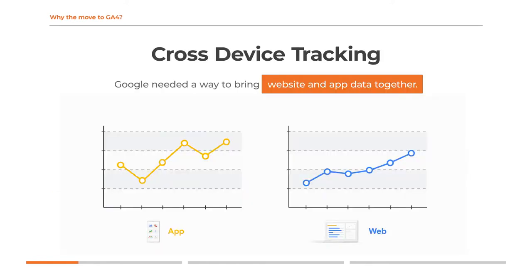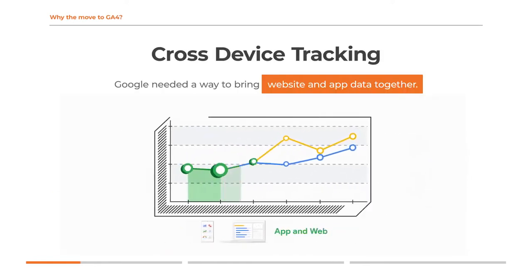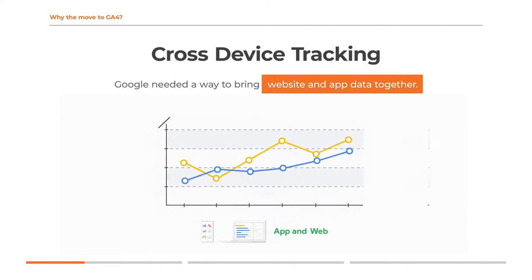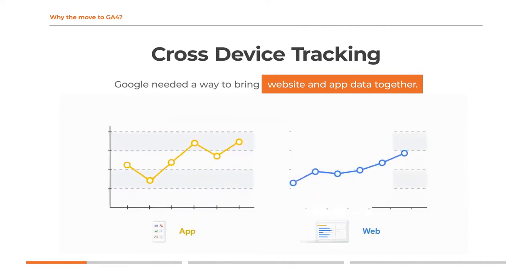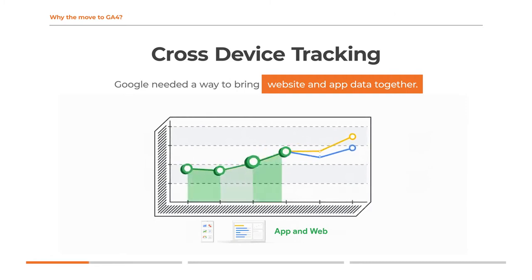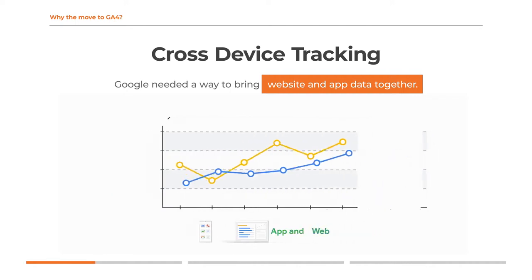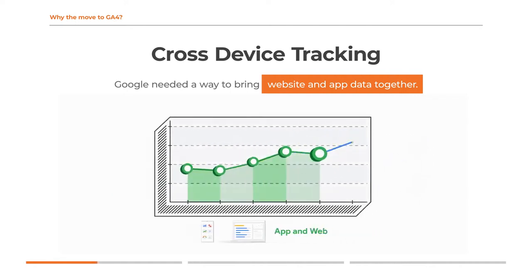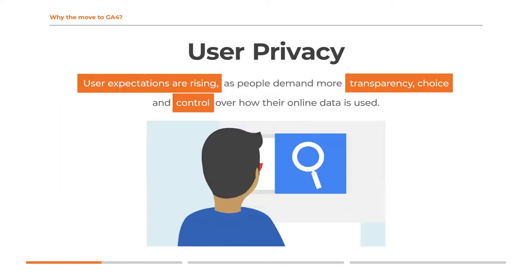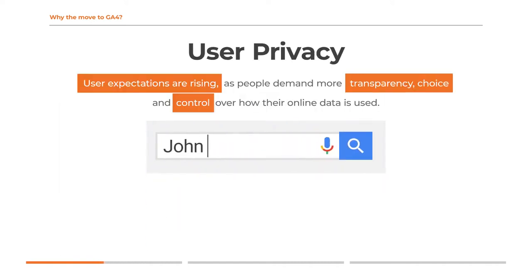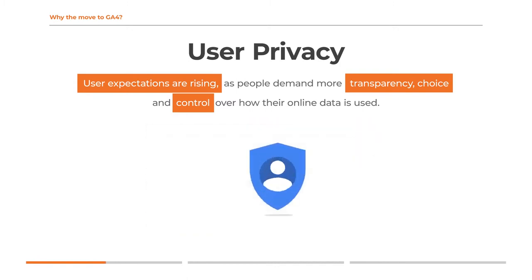So why the move to GA4? Essentially, it was a way to see data both from app interactions as well as web interactions. That was one of the biggest things that led Google to introduce GA4. It was essentially just to pull together app data as well as website data, and also privacy. We are living in a world where privacy is a concern.